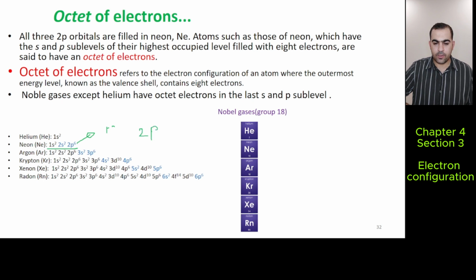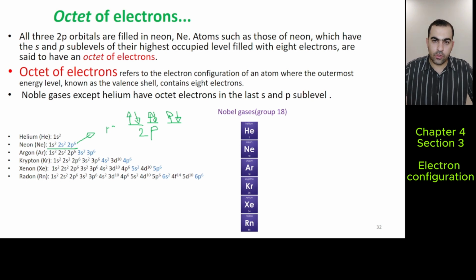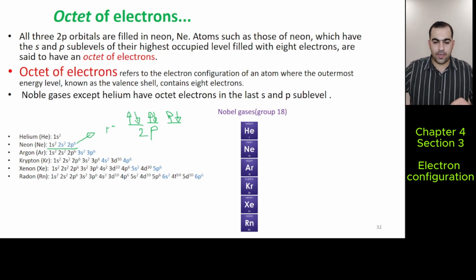P has how many orbitals? 1, 2, 3. And 2p6 means p contains 6 electrons. If we change to orbital notation, it will be like that. So all 3 p orbitals are filled in neon.